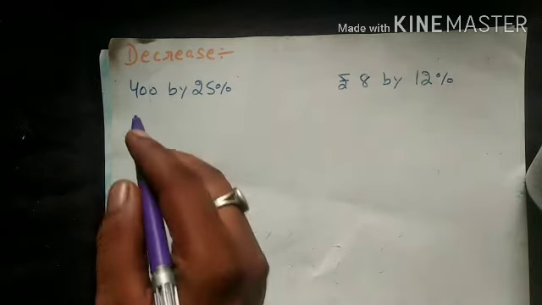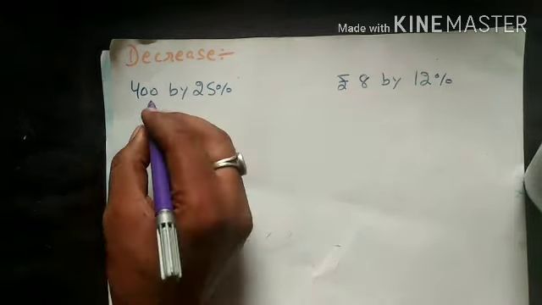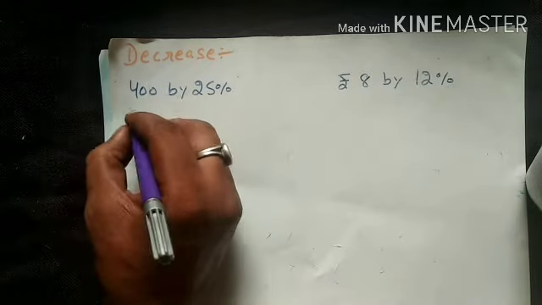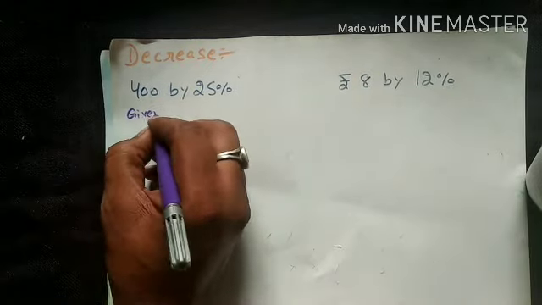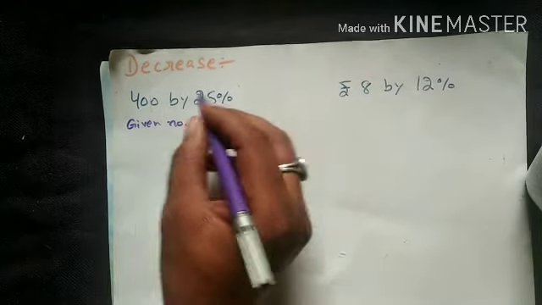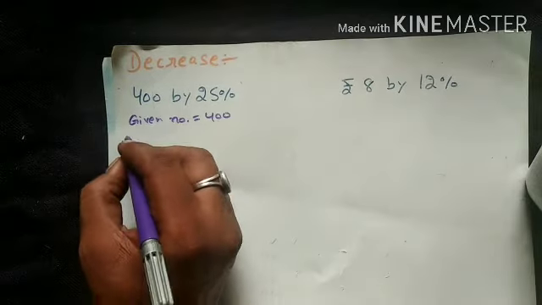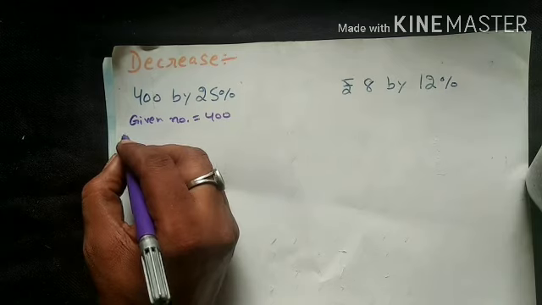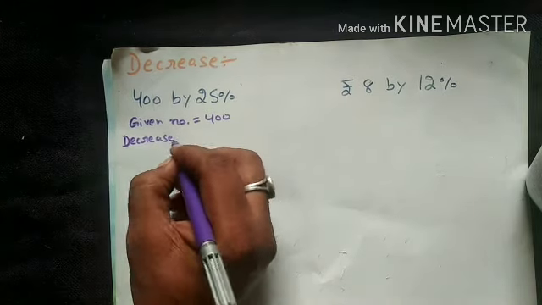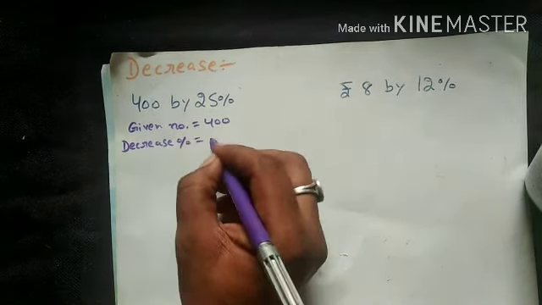Now given number is 400 and we have to decrease this by 25%. So firstly I will write given number is equal to 400, and decrease percent, that is 25%.